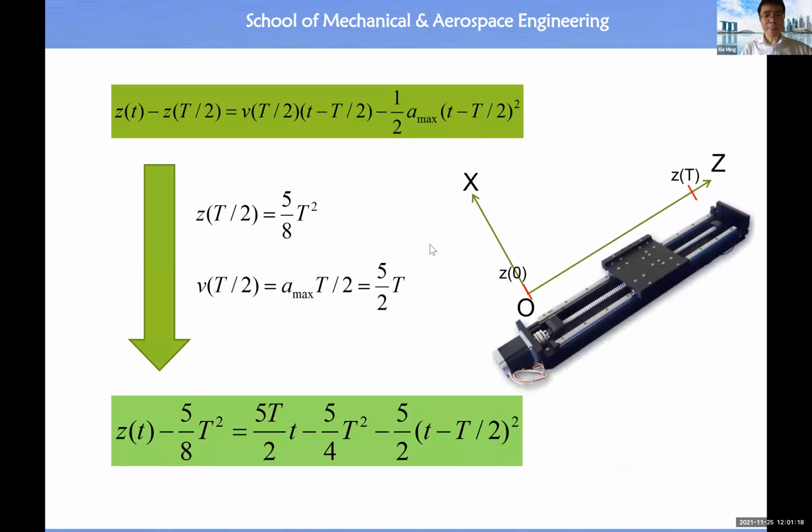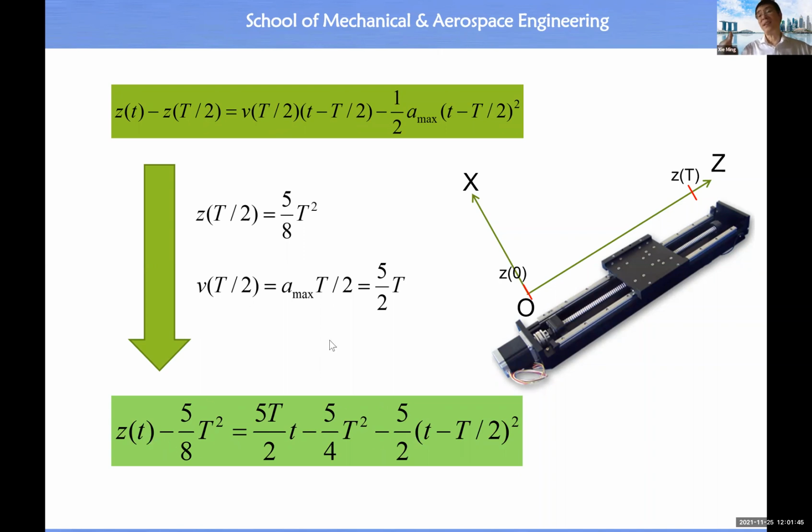Then we can apply this condition. First, we try to come up with the time function for the z coordinate in phase 2. Because we know this one, we substitute this with the initial condition, and substitute this one with the initial condition of the velocity. Then we have this equation.